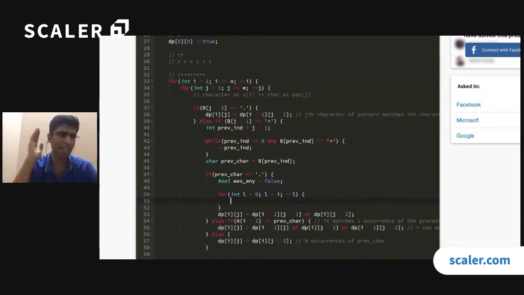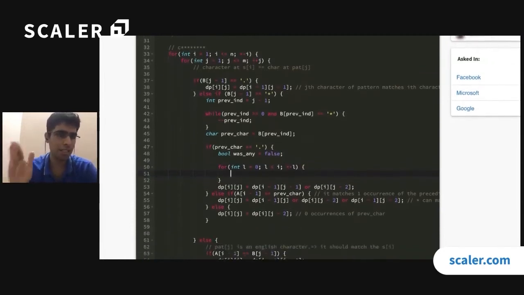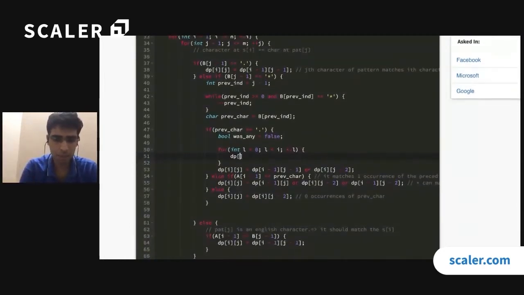That means if there was any character where dp[l][j-2] was true, then dp[i][j] equals true, or equals dp[l][j-2].